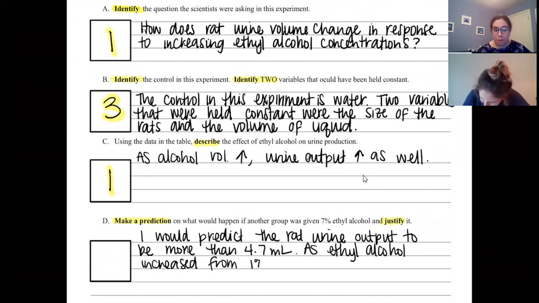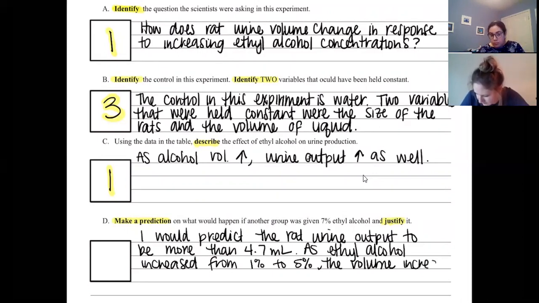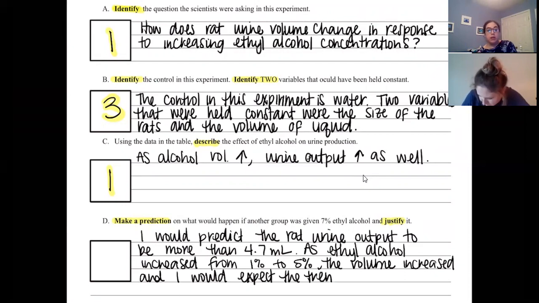Therefore, I would expect this trend to continue, or I would expect the relationship to stay the same. In this particular question, since there are 2 verbs in here, your first verb is make the prediction, and your second verb is to justify it, this would also be worth 2 points, and they can be 2 separate points.